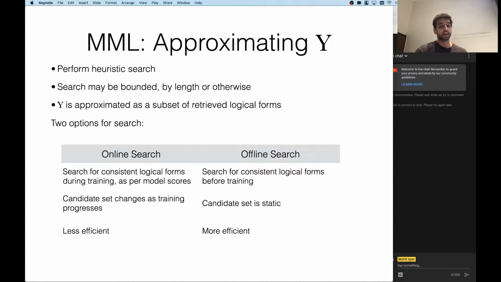If you're retrieving from some existing set of candidates, then you're always going to be inherently limited, right? If you get a query whose logical form is outside that set, you will never be able to answer it. So all of these algorithms will have a way of incrementally constructing the logical form that's customized to a particular query.